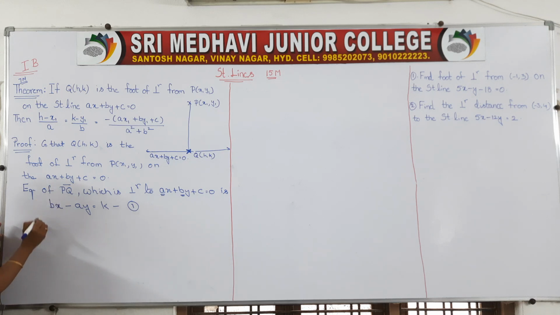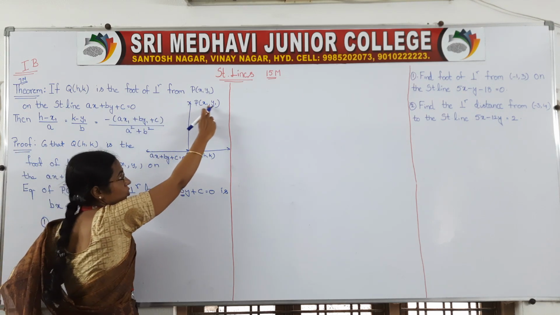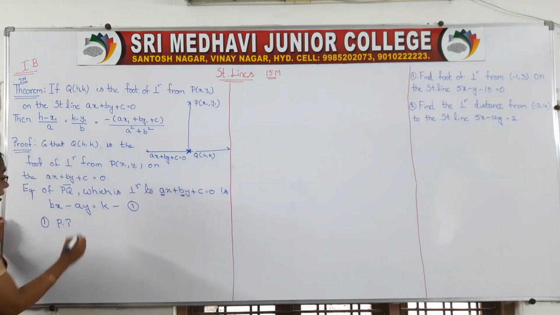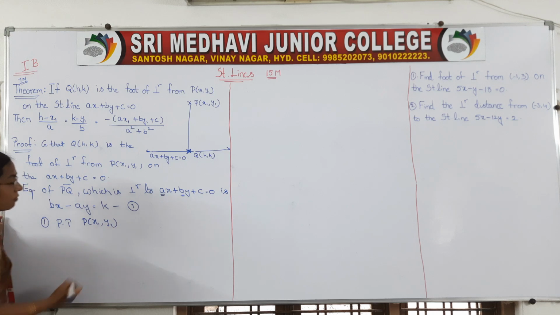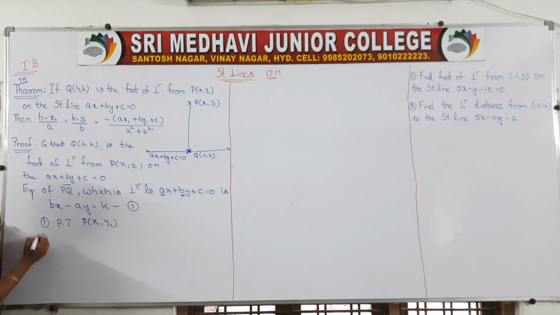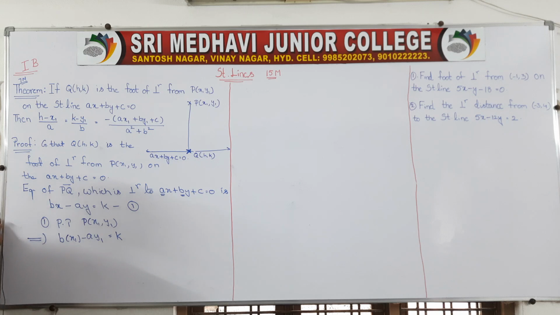And we know that this line PQ passes through which point? Observe, this is the line we have taken. This line passes through P(x1, y1). Passes through means it satisfies that equation. So b·x1 - a·y1 = K. You got your K value, substitute it in your PQ equation.